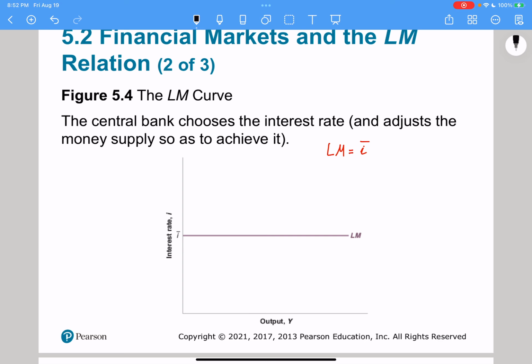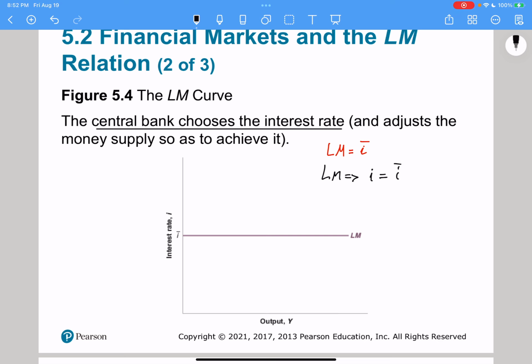Now you think about the following. We are using the reality. What happens in reality? The central bank chooses the interest rate. So the LM curve is going to be the following. Let me say that the LM curve is implying that the interest rate is going to be a given level of the interest rate, right?